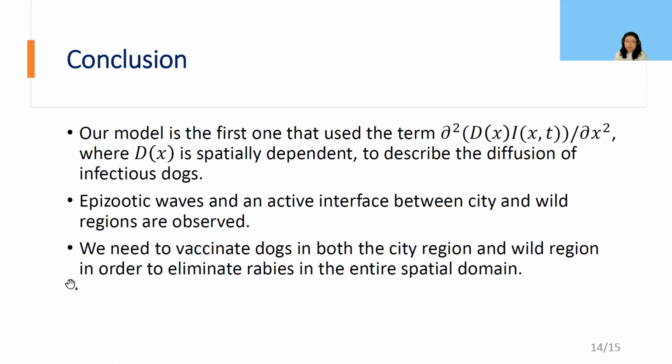Second, we observed epizootic waves and an active interface between city and wild regions. And the last point is, in order to eliminate rabies in the entire spatial domain, we need to vaccinate dogs in both the city region and the wild region.